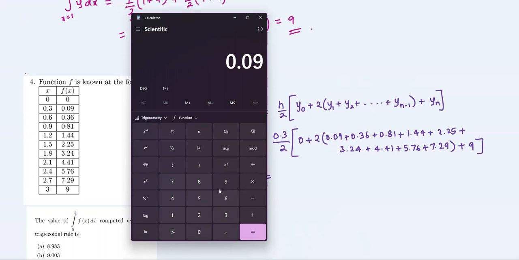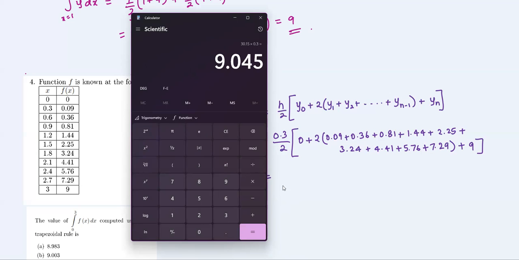So 0.09 plus 0.36 plus 0.81 plus 1.44 plus 2.25 plus 3.24 plus 4.41 plus 5.76 plus 7.29 is equal to this, multiplied by 2 plus 9, divided by 2, into 0.3.